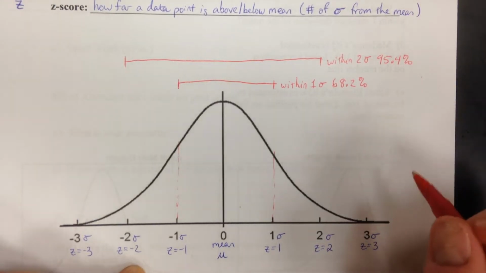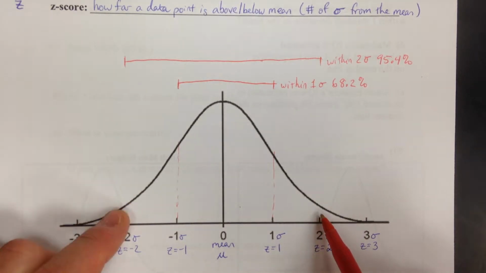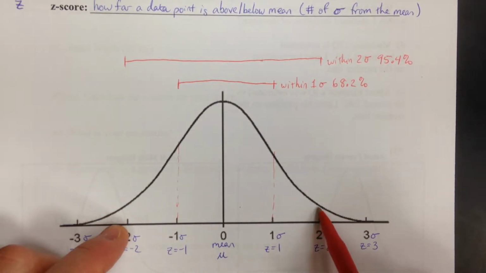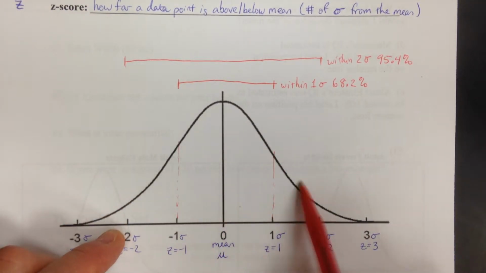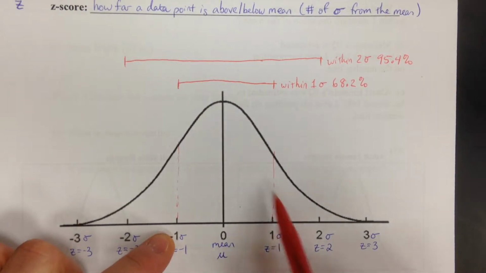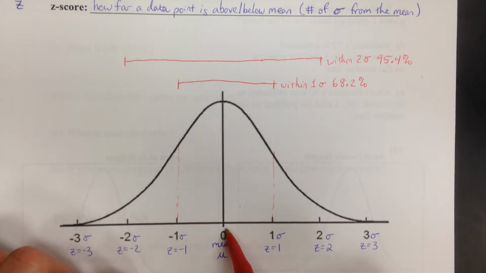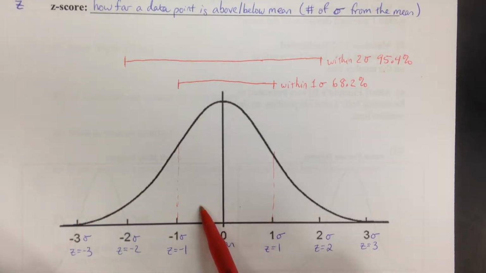If we're talking about height, 95% of the population is between -2 and +2 standard deviations in this area here. 68% of the population is between -1 and +1 standard deviation. So most people's heights are going to be pretty close to the average. A little bit above, a little bit below.